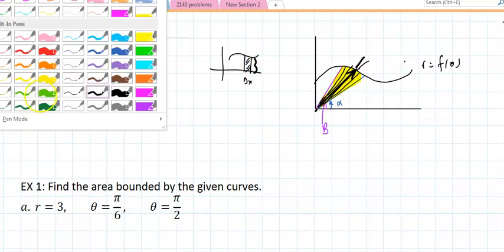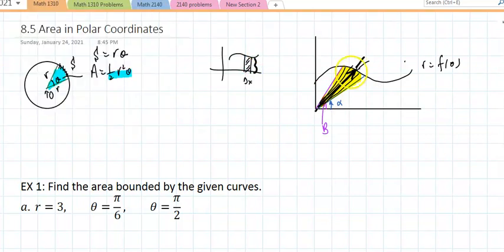And if I call that theta sub i, then A sub i would be 1/2 r sub i squared times delta theta sub i.